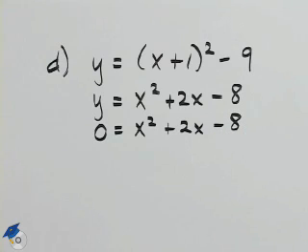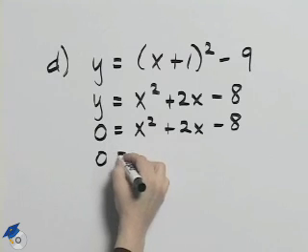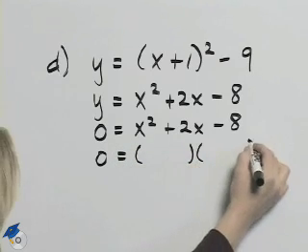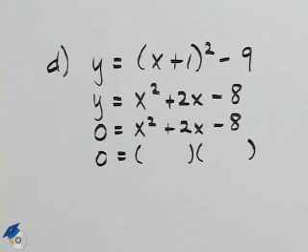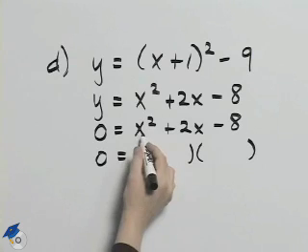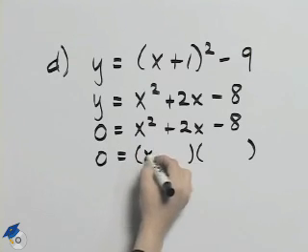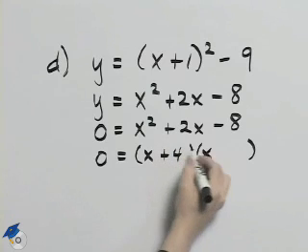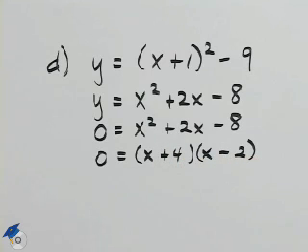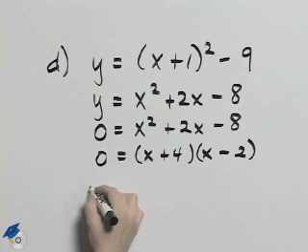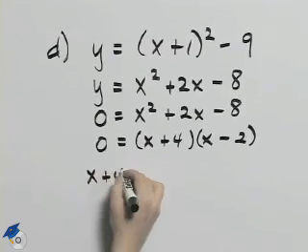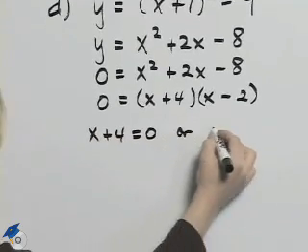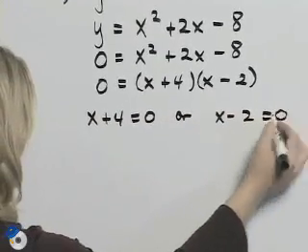Now, we could use the quadratic formula or complete the square, but I noticed that actually factoring would be probably the quickest way to find the x-intercepts. X squared plus 2x minus 8 factors into x plus 4, x minus 2. Now, using the zero factor property, we can split this up into x plus 4 equals 0 or x minus 2 equals 0.